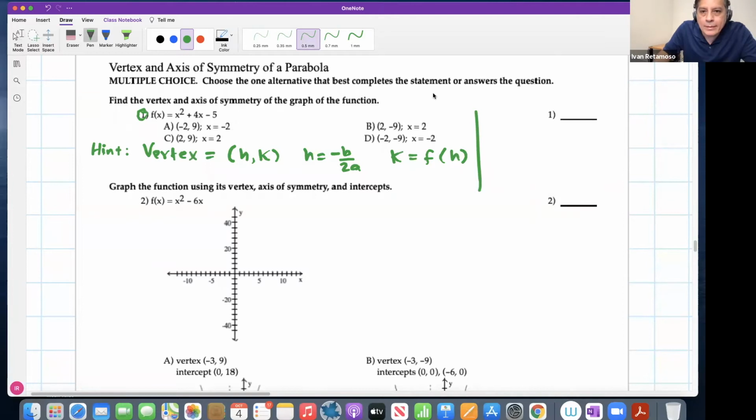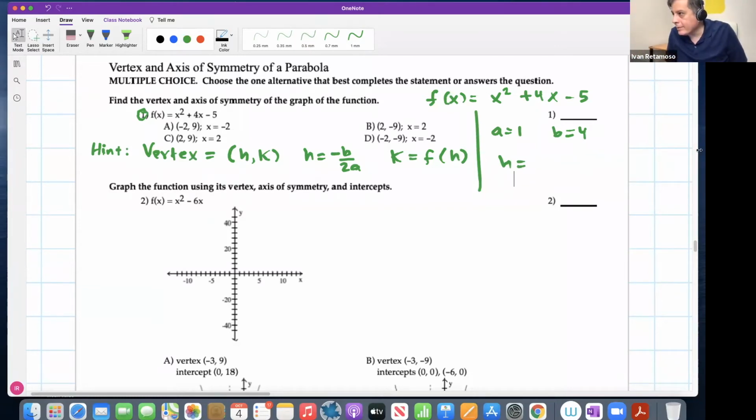Remember the function here, f of x is equal to x squared plus 4x minus 5, with a equal 1, b equal 4. So try this formula with a equal 1, b equal 4, and you should be good there.